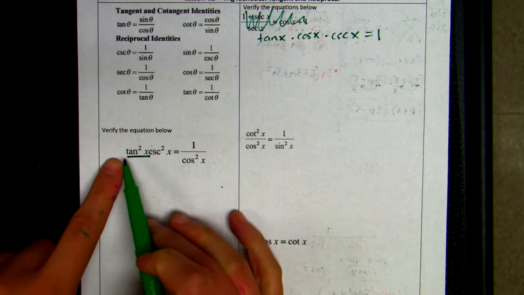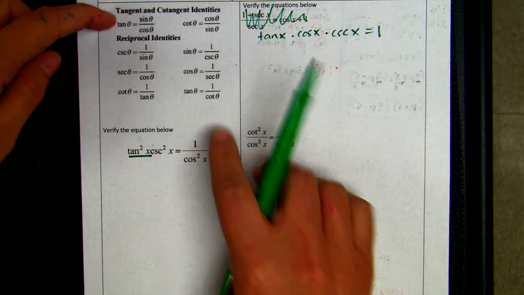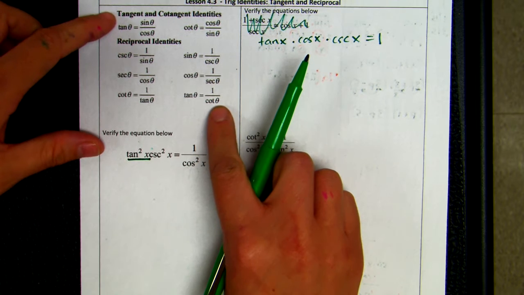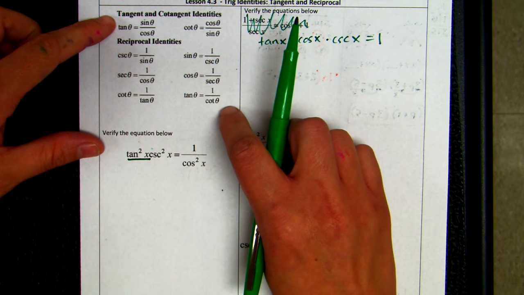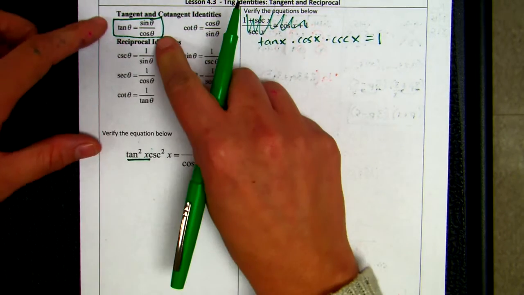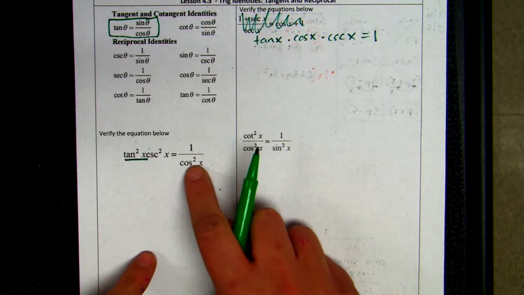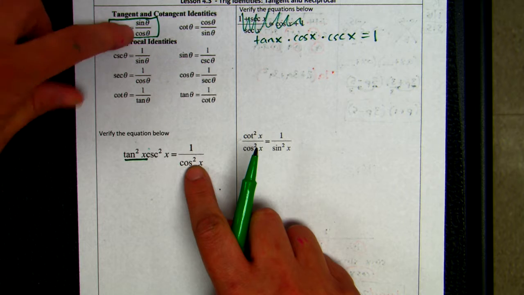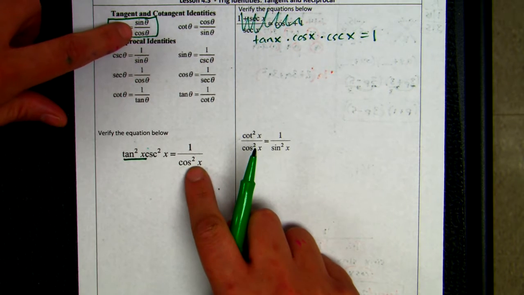If I'm looking at tangent squared of x, there are 2 different ways that I can write tangent. I either can write it as sine over cosine, or I can write it as 1 over cotangent. I'm going to pick to use tangent is equal to sine over cosine because I have cosine on this side of the equation. I always want to pick the one that has something in common with what's already written down.